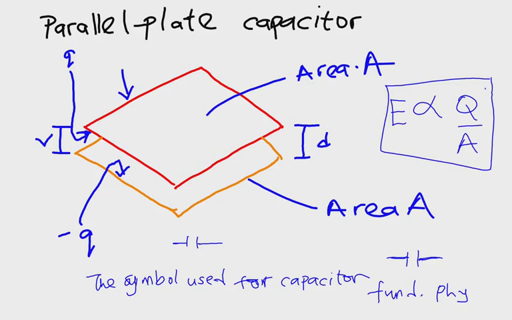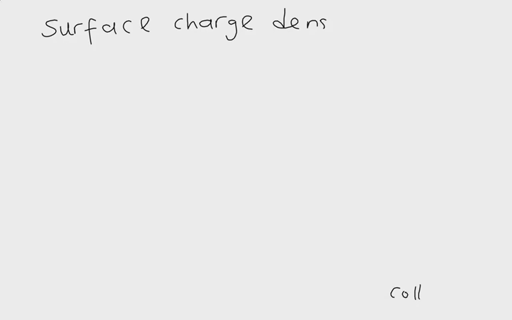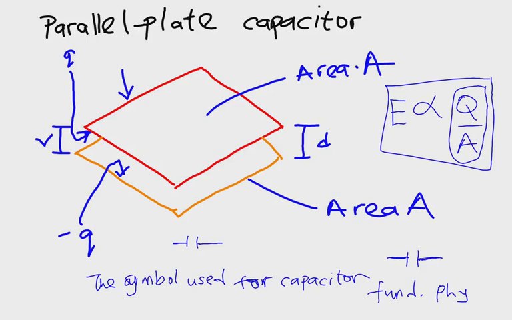Now, this quantity is known as surface charge density. This is from college physics. Some of these contents, like what I explained here, are in college physics.